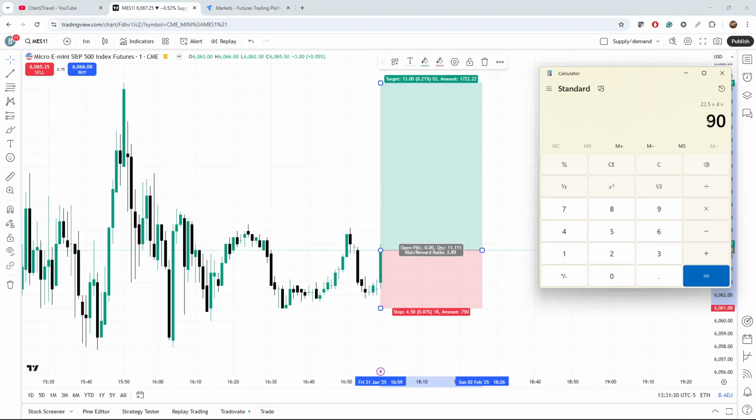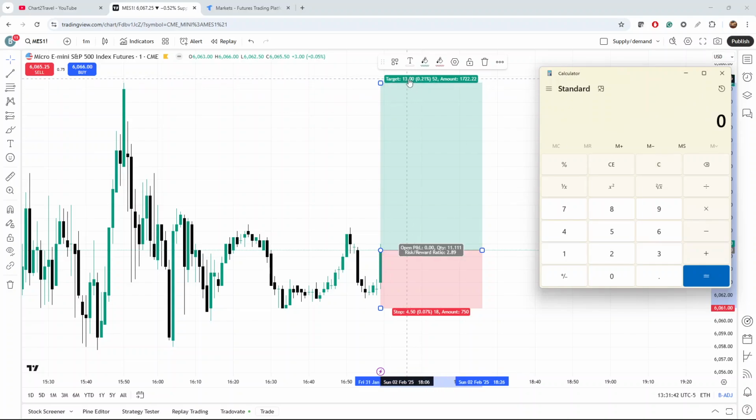And you can't always get exact dollar amounts of risk because you have to take contract numbers in whole numbers. You can't take a fractional contract when it comes to futures. So you would probably want to go with 4 contracts on this one. That would get you as close to $100 without risking too much. Then you would also want to know, what's my potential profit in terms of dollars on this trade.